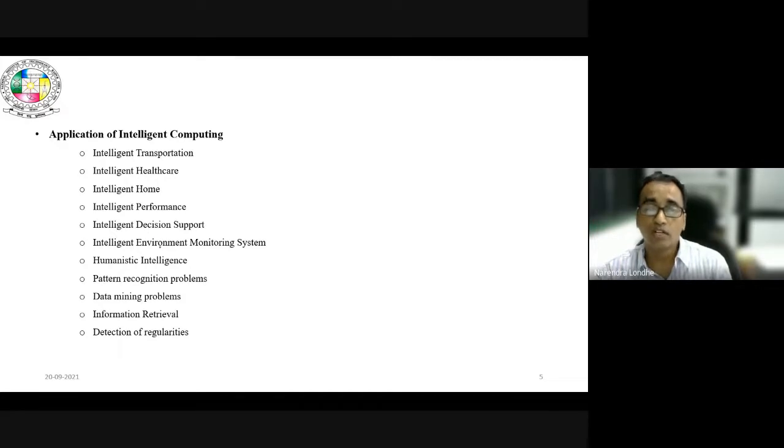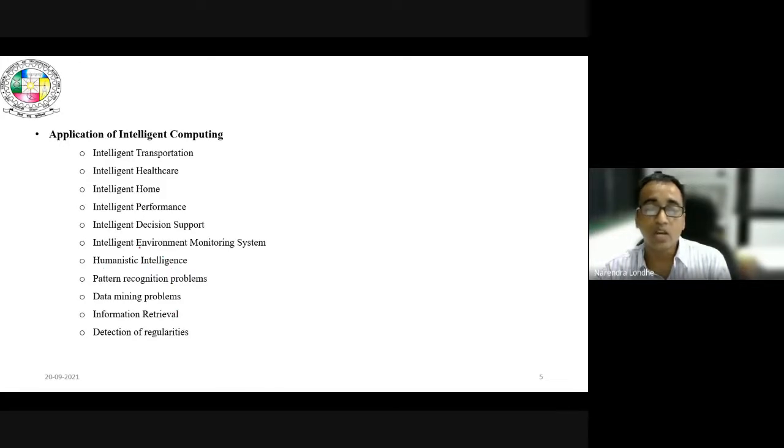Okay, for deciding how much load you have to put on that day, or how much electricity is needed, or you can give an alarm to the concerned authorities to be prepared for the storms, for the rain, right? So there are many such applications related to humanistic intelligence.